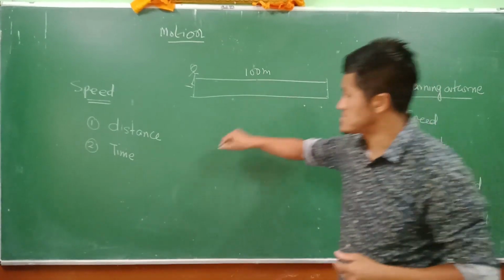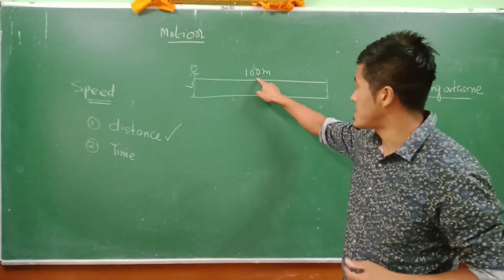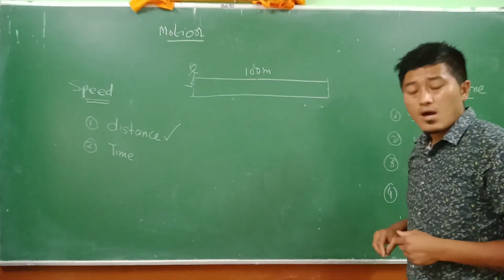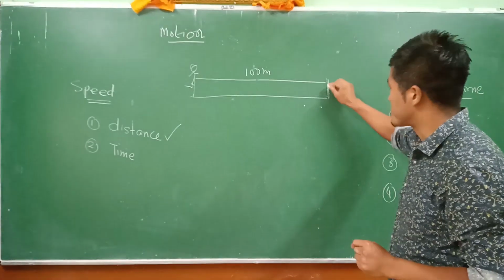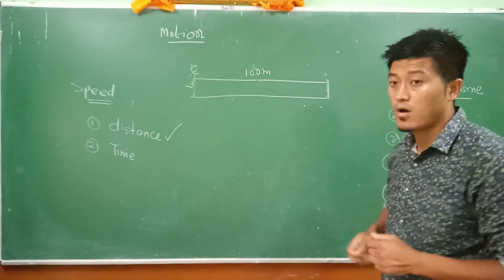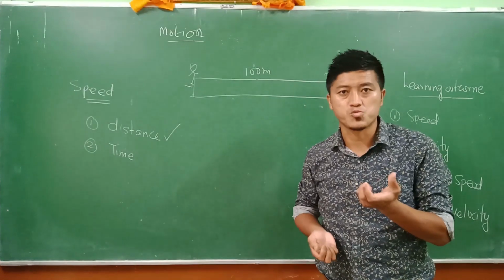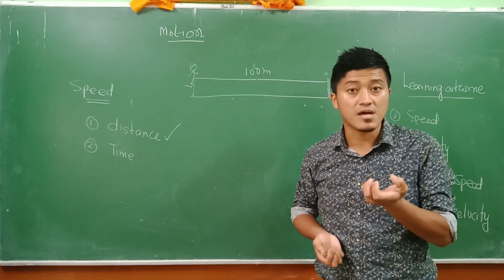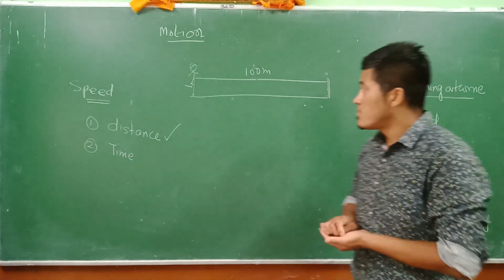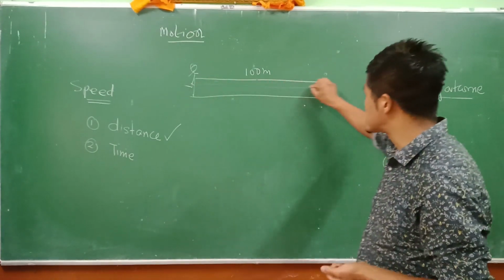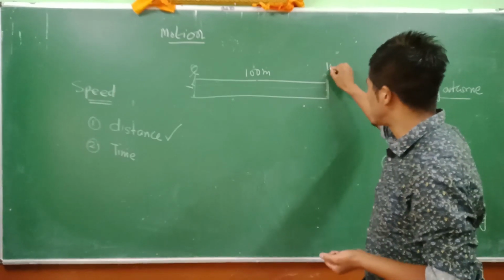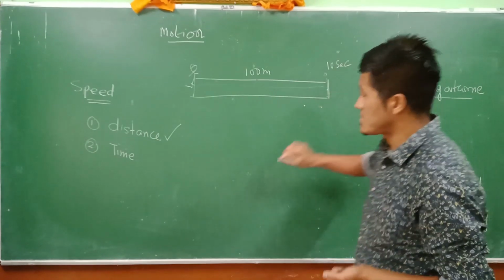That is the distance here. At the end point of the race, there are teachers with a stopwatch to see how much time the students take. Let's say this student finishes the race in a time interval of 10 seconds. That is the time.